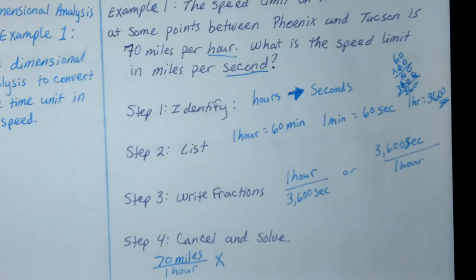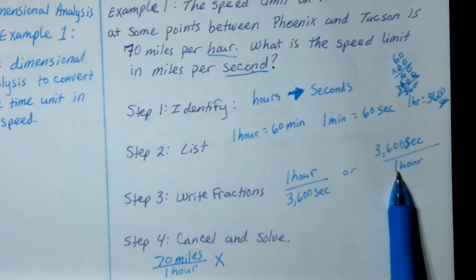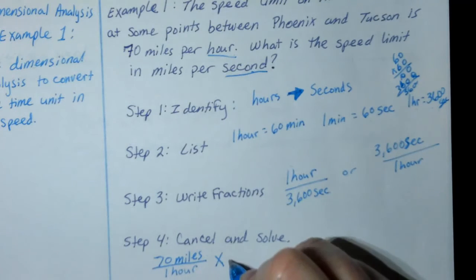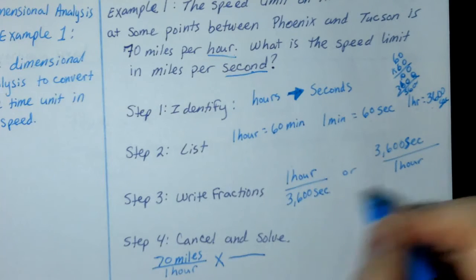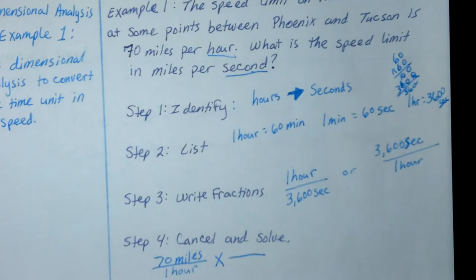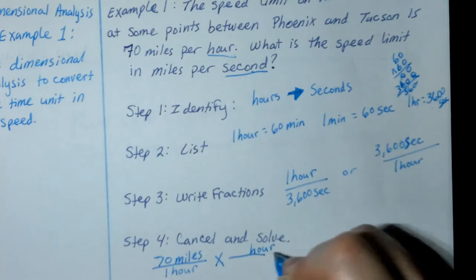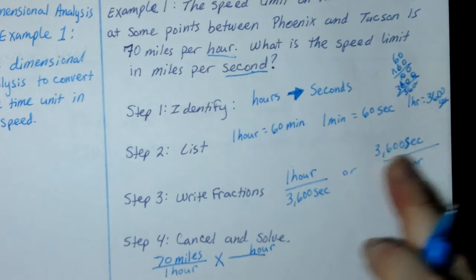Okay, so is it this one or that one? I need to be able to cancel out my hours. So sometimes what I'll do is I know I'm going to use a fraction because I'm about to use one of these conversion factors, and I know I'm going to have to cross-reduce. So I have hours on the bottom. That means up here, I need hours on the top so they can cancel. So which of these is that going to be?